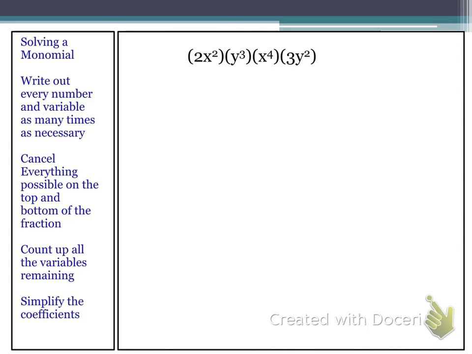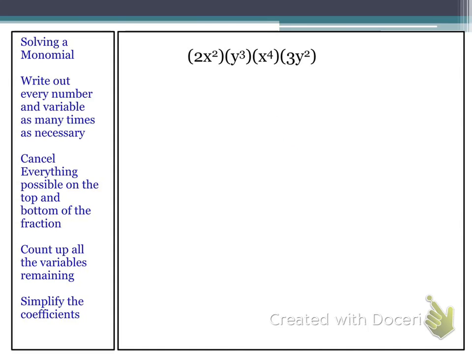Well, I'm going to break this down before we look at the steps. 2x squared, really, that's like saying 2 times x, right? If I look at y cubed, that's the same as saying y times y times y. Well, that idea is going to make life easier when we get to working.